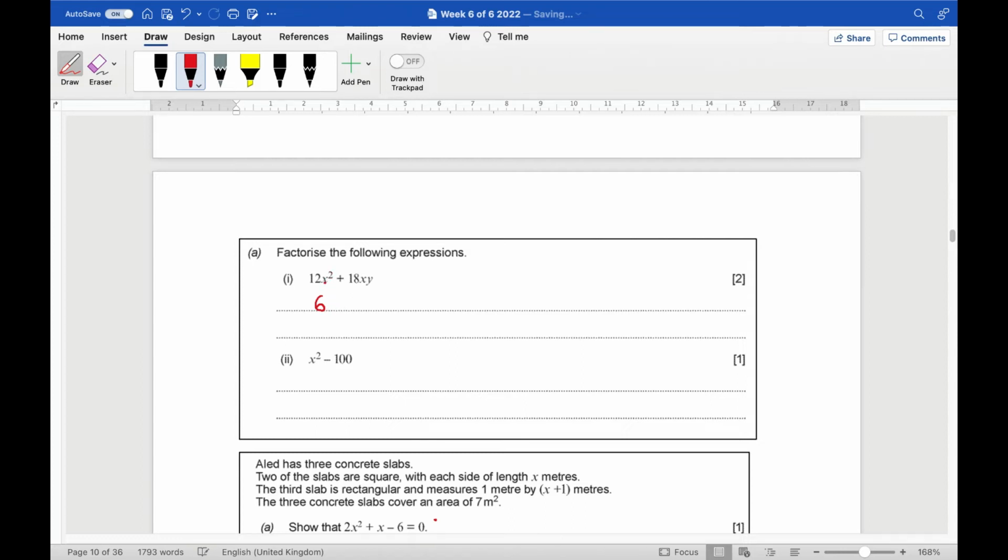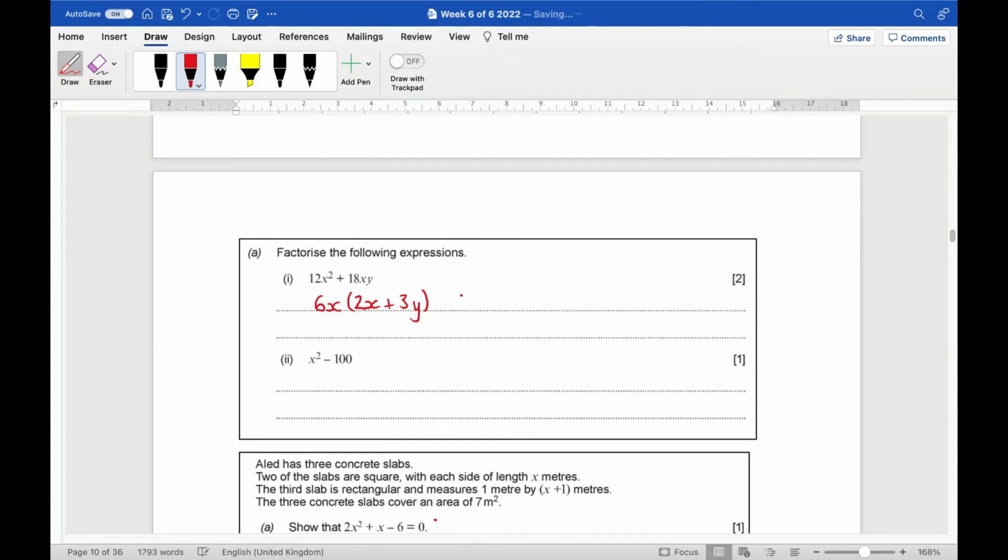And because there's x's in the first term and an x in the second term, an x can come outside the bracket as well. And I ask myself the question then, 6 times what makes 12? 2. x times what makes x squared? X. Plus 6 times what makes 18? 3. X times what makes xy? Y.